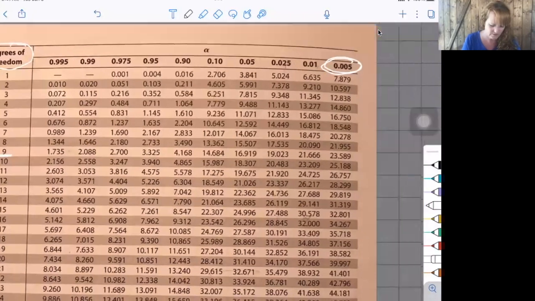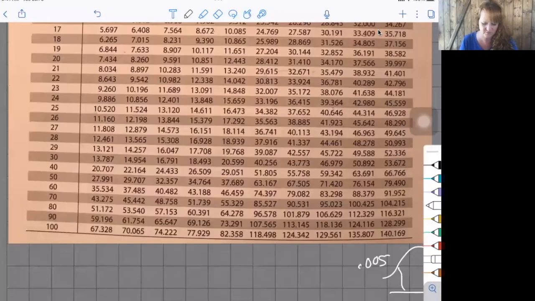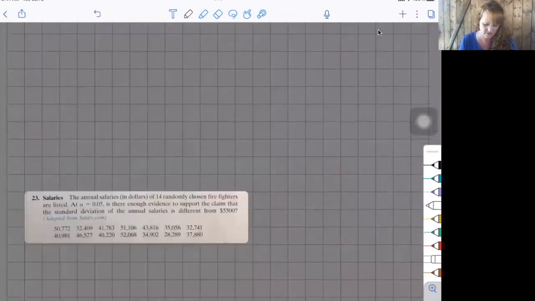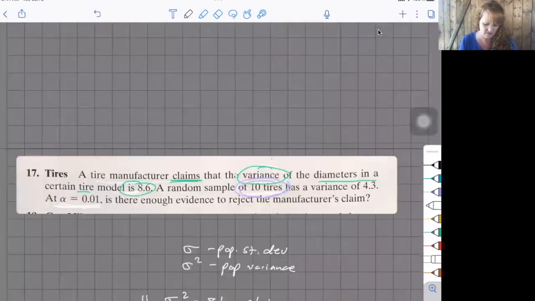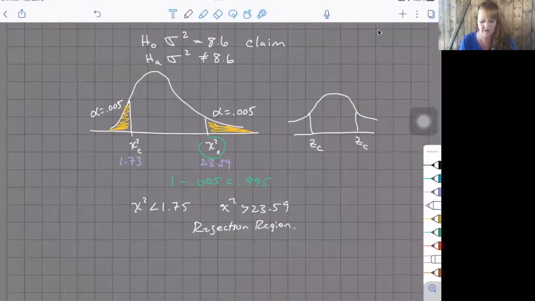So I go over and I find where they intersect, like that. And I get 23.589. So if you want to go back here, 23, oh, we rounded. Okay, we rounded differently, but this is 23.589. Okay, so that's that guy.